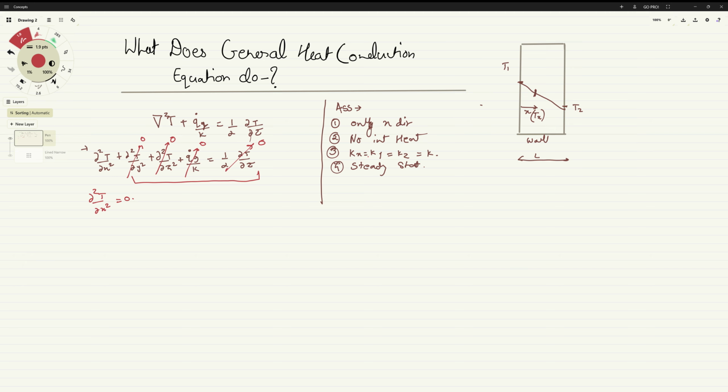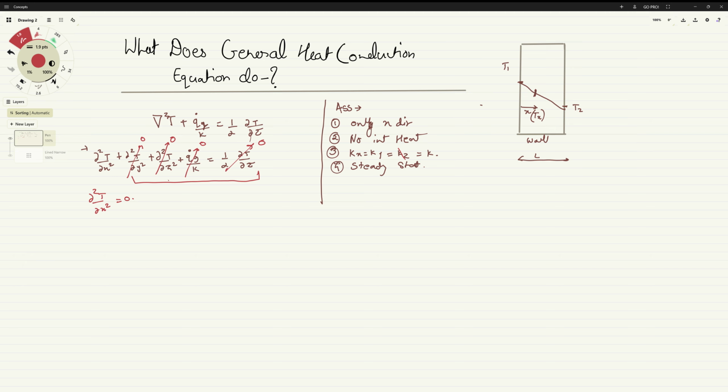Also, we took the assumption that kx equals ky equals kz equals k, which made k constant. Due to that, we were able to write it in this form, or else it would have been an even bigger equation, with different k terms like kx, ky, kz in all these terms.